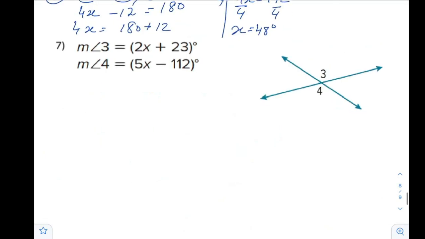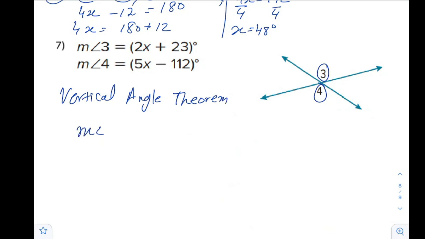Last question. Measure of angle 3, measure of angle 4 are given. What is the relation between them? They are vertical angles. So we have to use the vertical angle theorem, which states that measure of angle 3 is congruent or equal to measure of angle 4. So it's 2x plus 23 is equal to 5x minus 112.